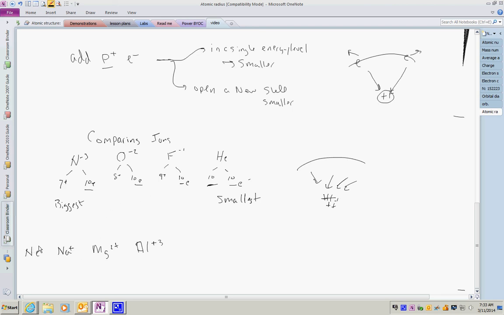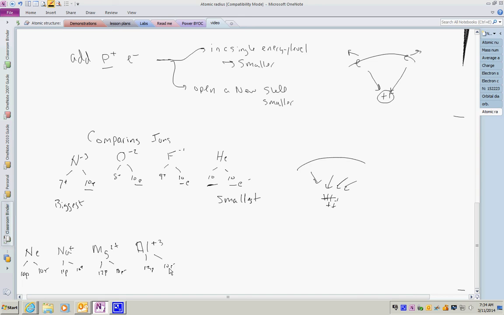Take a moment, look at how many protons are there, how many electrons are there. The neon, in this case, we got 10 protons and we have 10 electrons. We have sodium, which has 11 protons and 10 electrons. 12 protons and 10 electrons. 13 protons and 10 electrons.